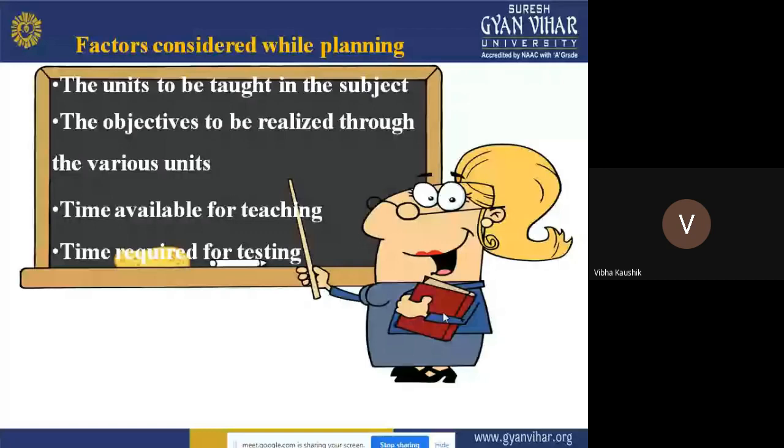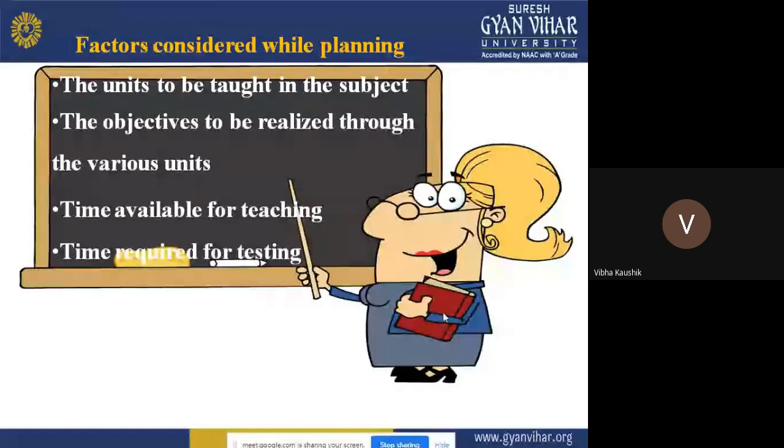The objectives to be realized through the various units. Objectives which we want to achieve after the completion of that particular unit. Every unit which we have decided to teach to the students must have some objectives.